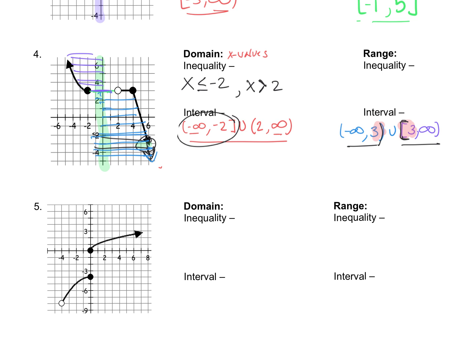So I need to combine these two. I'm going to rewrite this, starting with the smallest number, which is negative infinity, and go to the largest number, which is positive infinity. And if you think about it, inside this interval notation, 3 is in there, so that's what you write.